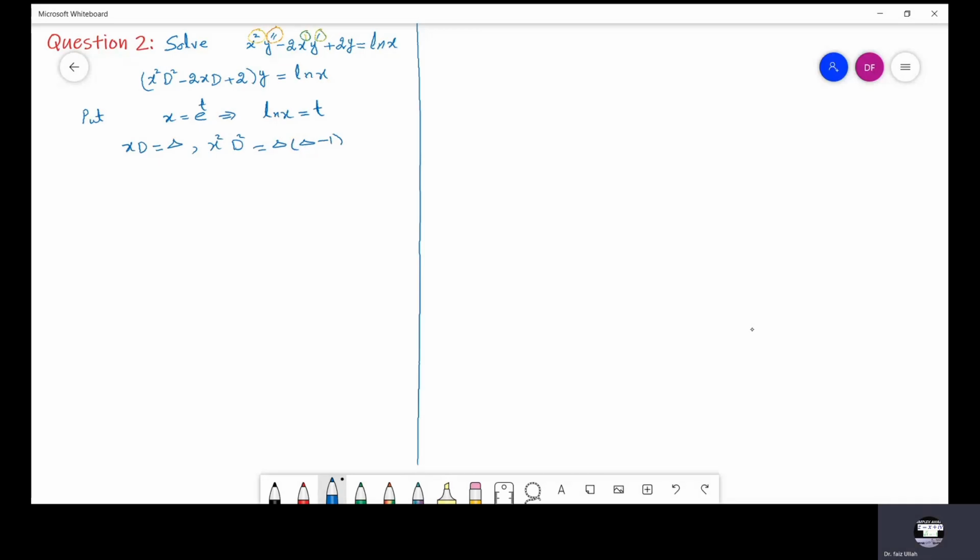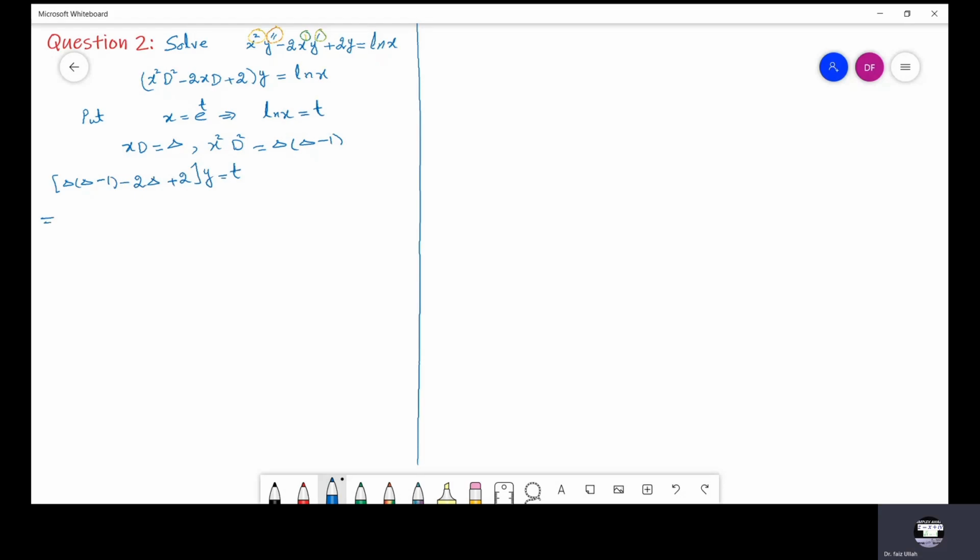And this equation will become delta into delta minus 1 minus 2 delta plus 2 whole into y is equal to log x is equal to t now.